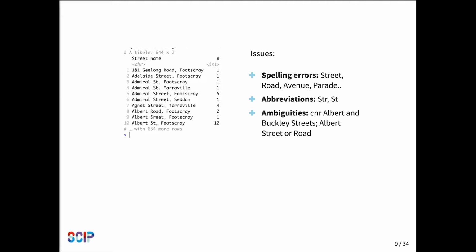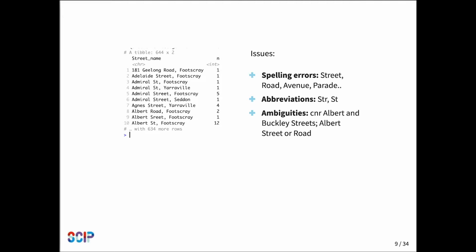It was pretty much just at the start of her research. But what was clear was that in terms of being able to identify a number of street addresses that could then be geolocated and displayed on a map, there was a fair bit of cleaning that had to happen up front. So there was quite a few spelling errors, as we can see there.